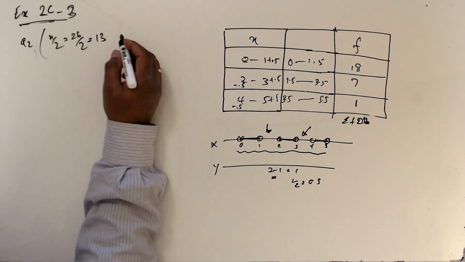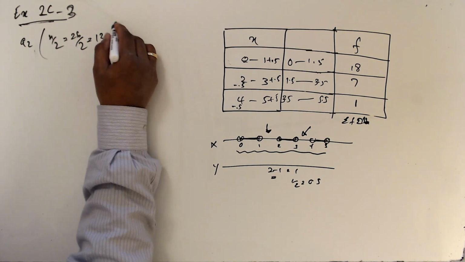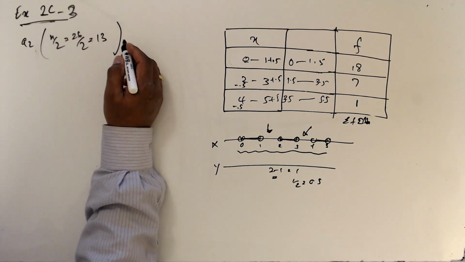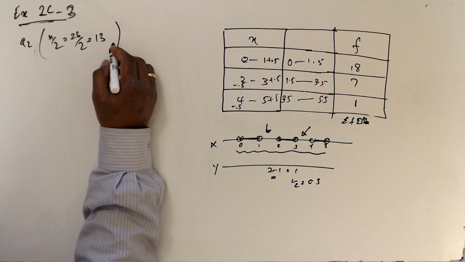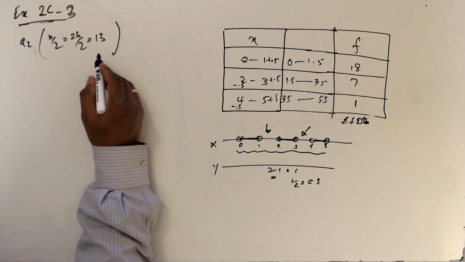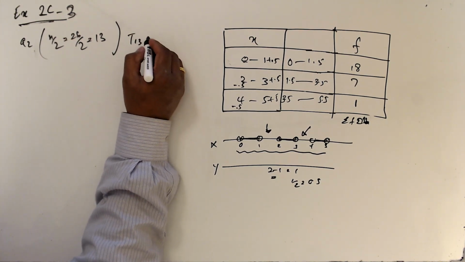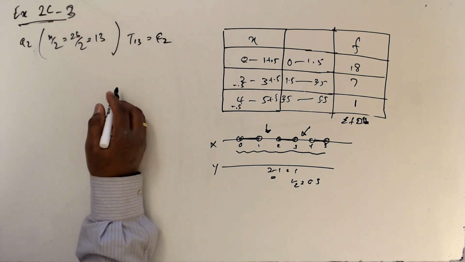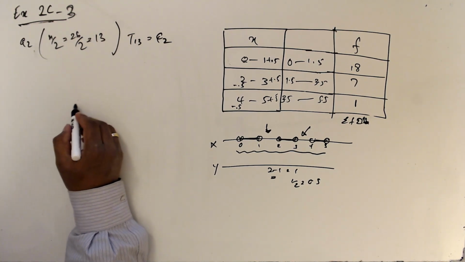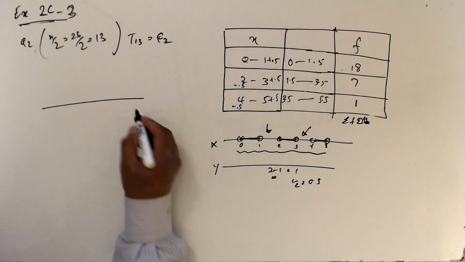Yeah, so by interpolation we can find the exact value. So we don't need to go for the whole number or non-whole number thing. Straight away we want to find the 13th term, so that is the Q2. Now, when you look at this one, where is the 13? It is somewhere here.